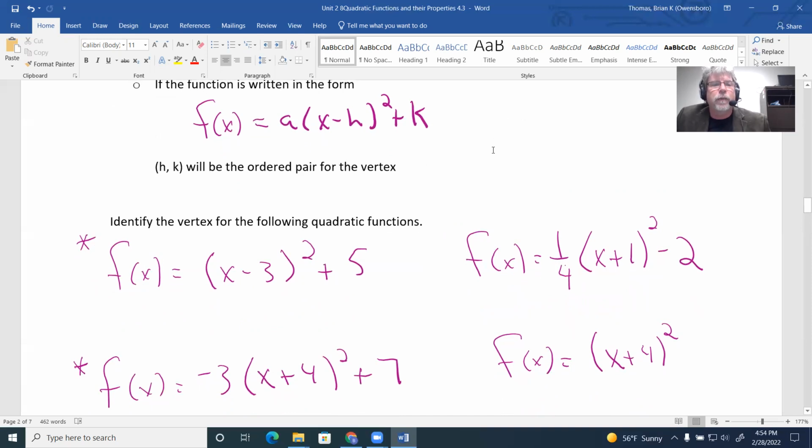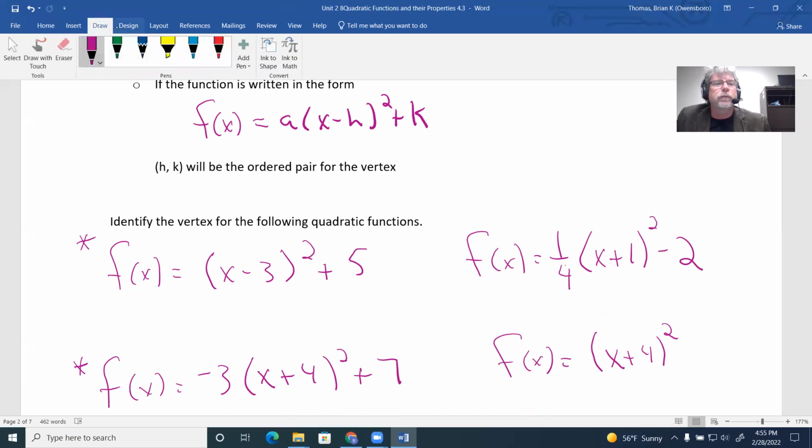So notice how this h and k will be the ordered pair for the vertex. So I don't actually have to use this formula x equals negative b over 2a. This h here and this k here will be the vertex for the quadratic function, the parabola.